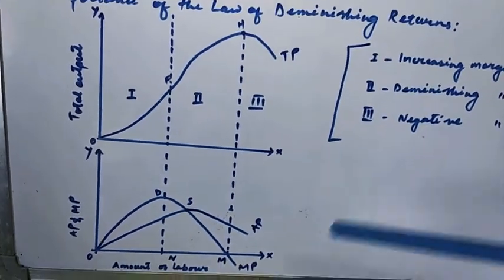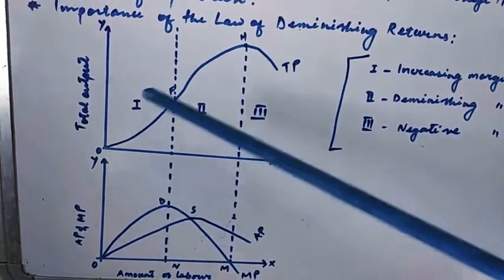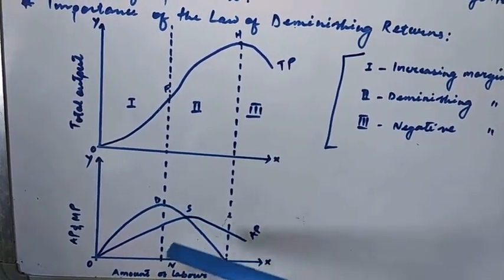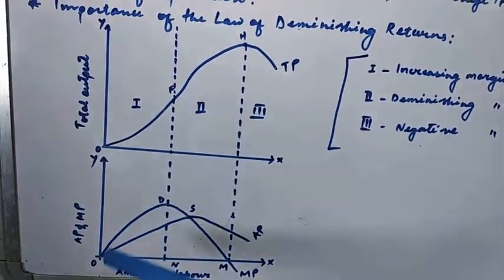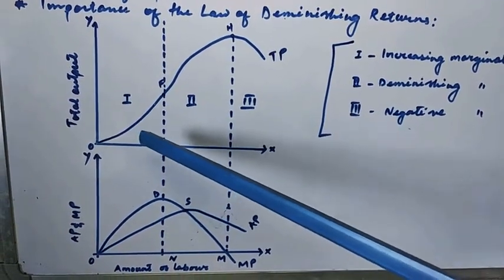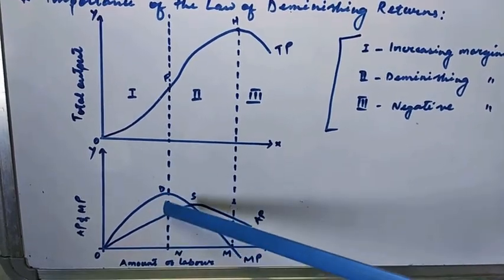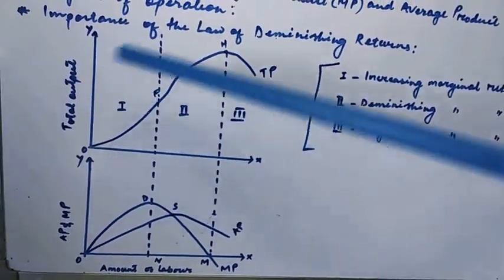By adding more and more labor employment, he can expand his production level when the marginal product and average product curves are rising throughout this stage 1. So he will not operate here, because by further addition of labor employment, he can expand his production.